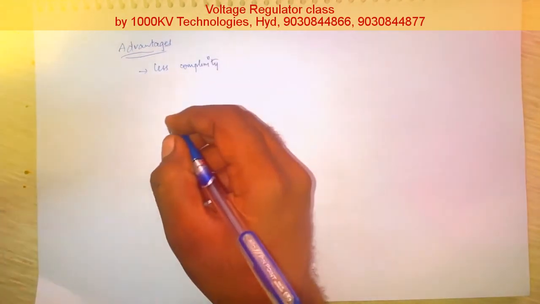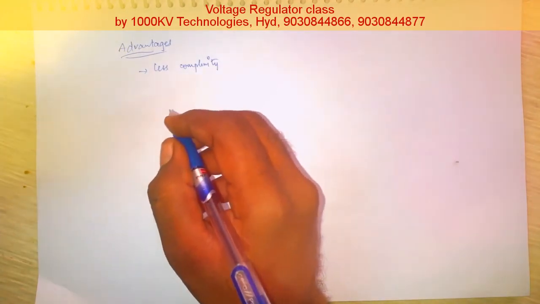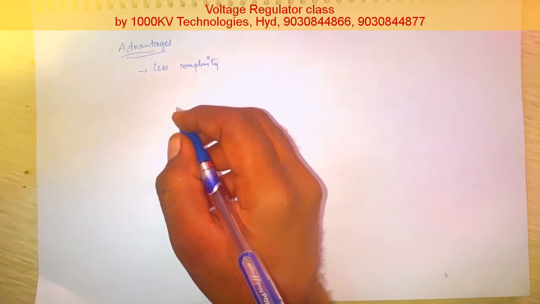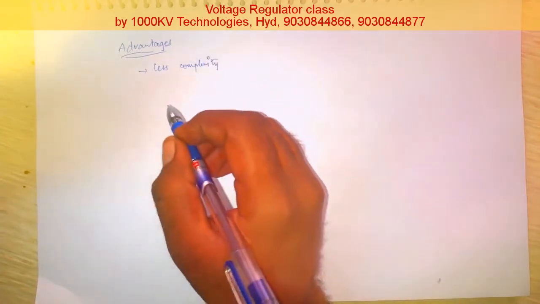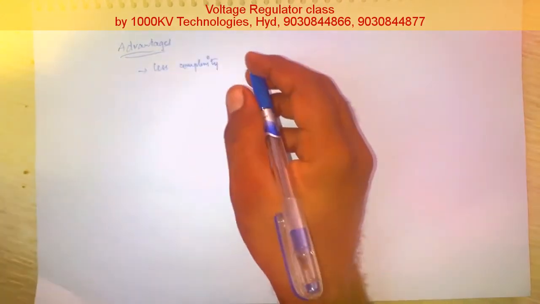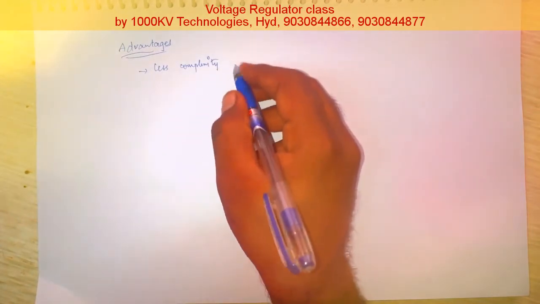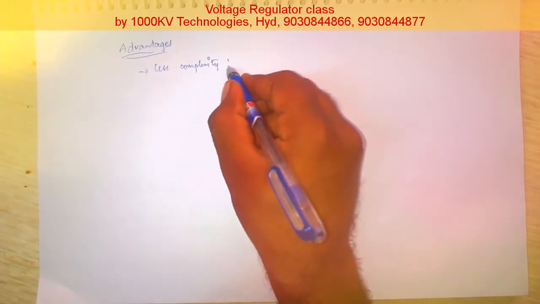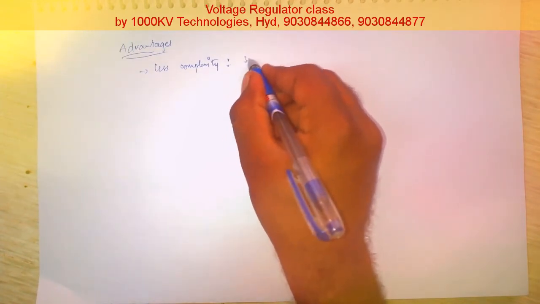If you take a regulator, you can use it directly in the circuit. It does not require any supporting circuit, like supporting resistors or capacitors. No need of any extra circuitry. You can use a 7805 regulator directly in the circuit. Apply input, take the regulated output. So it is less complex because it does not require any supporting components.